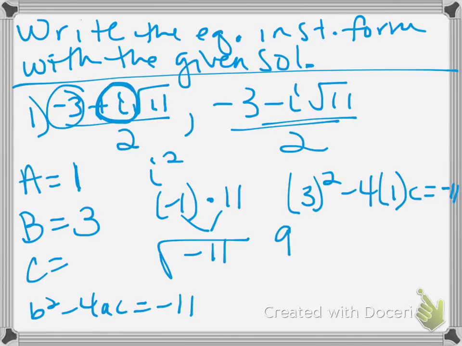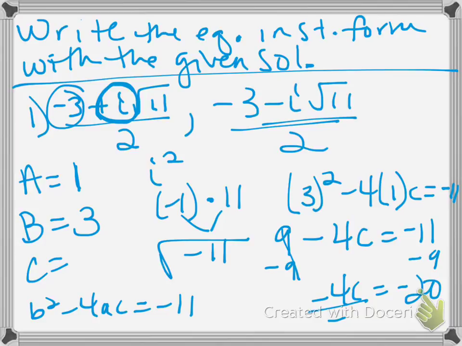So 3 squared is 9 minus 4C, because negative 4 times 1 times C gives you negative 4C, and that equals negative 11. I'm going to subtract 9. So now I get negative 4C equals negative 20. And now I'm going to divide by negative 4. So C gets me 5.